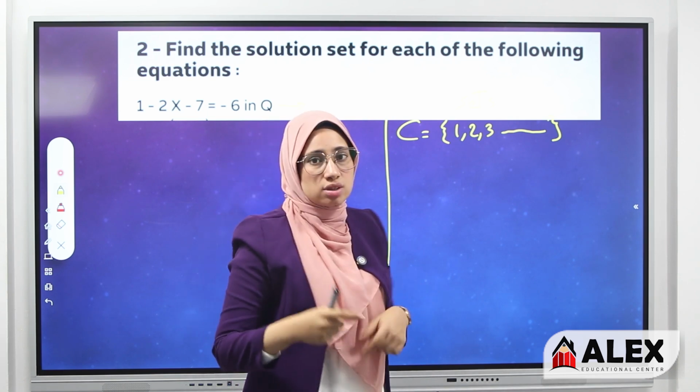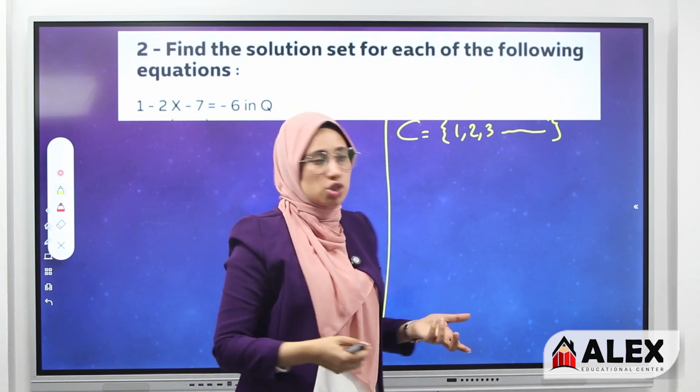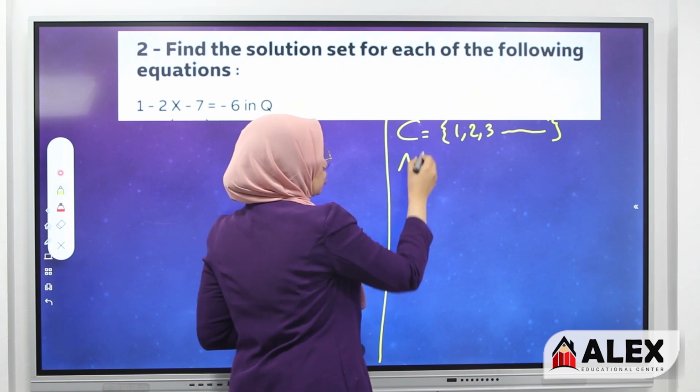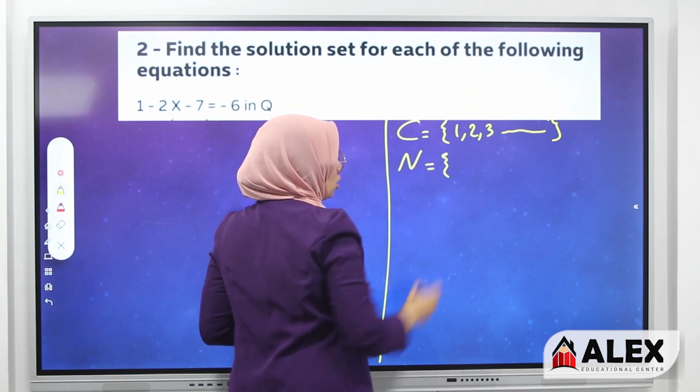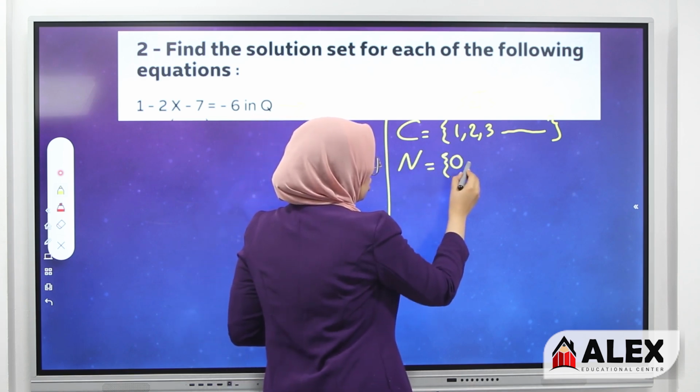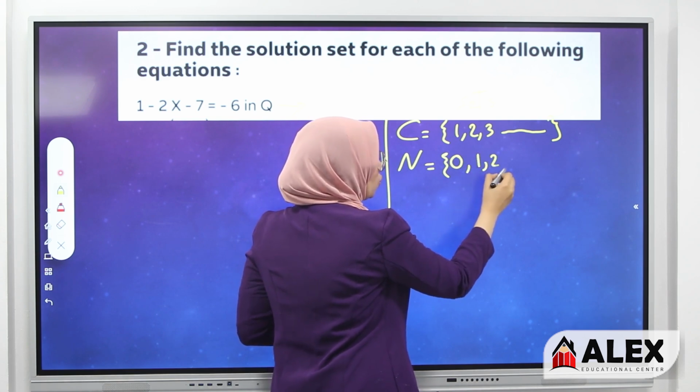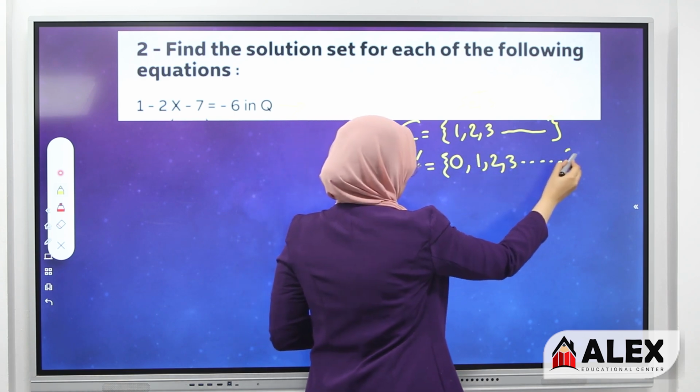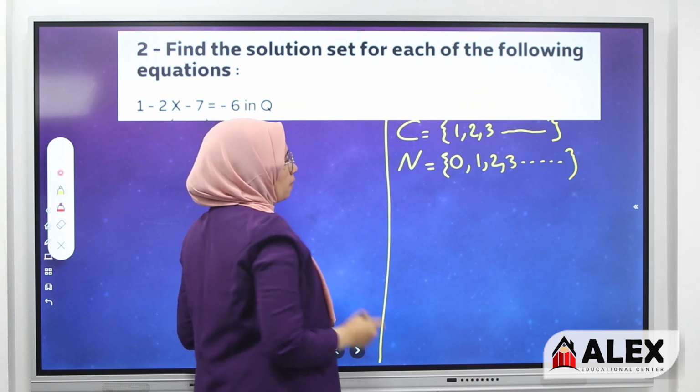Then we take a bigger set, which is the natural numbers. Natural numbers start with 0, 1, 2, 3, and so on.